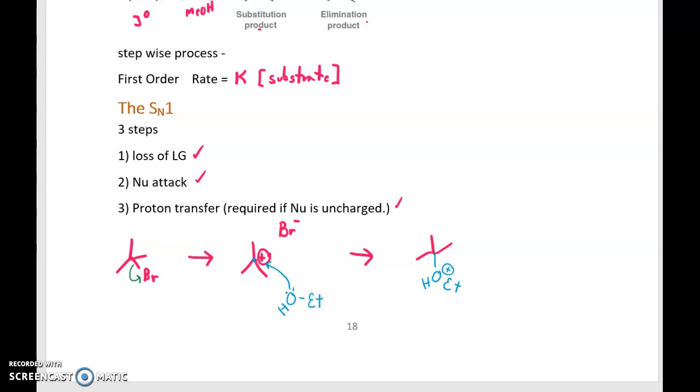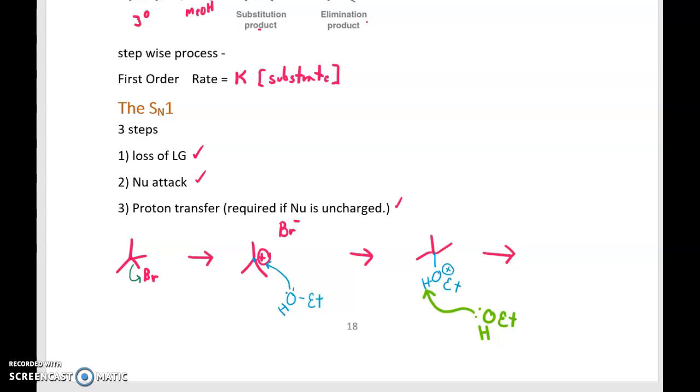Then we'll have a proton transfer, and I should have done a better job of writing my electrons there. So we'll have a different ethanol, or maybe water, and it will come along. These electrons will attack and steal that proton.